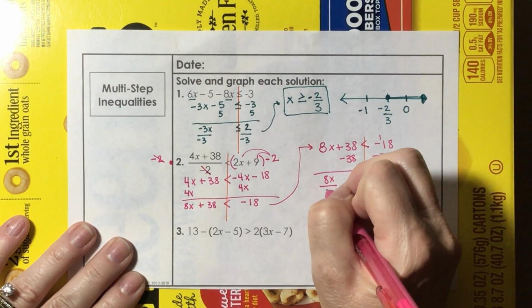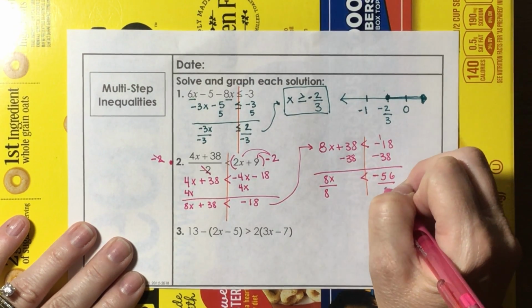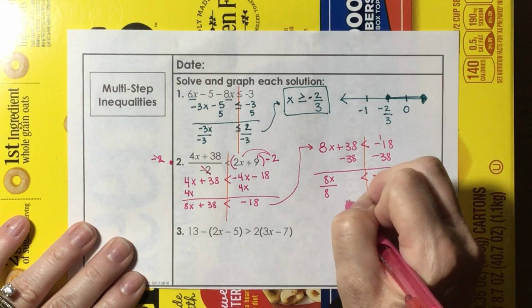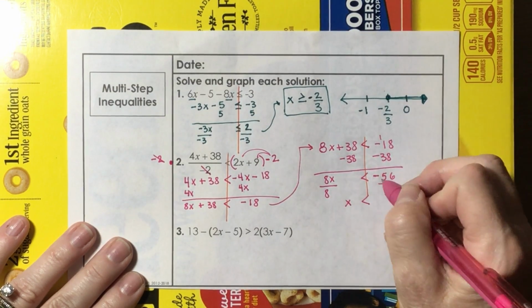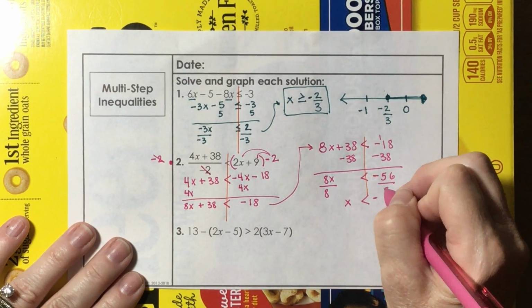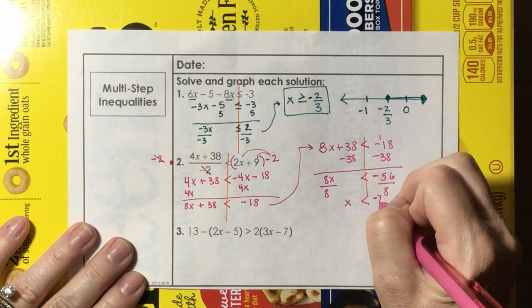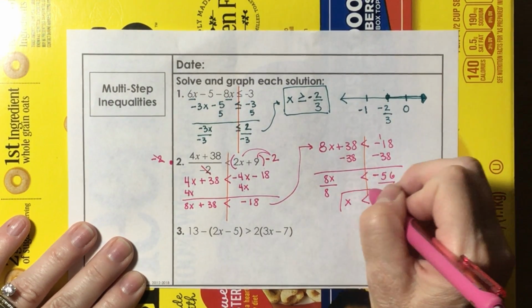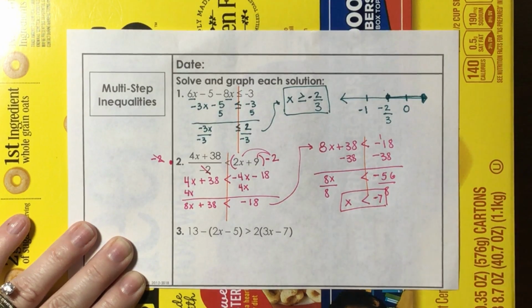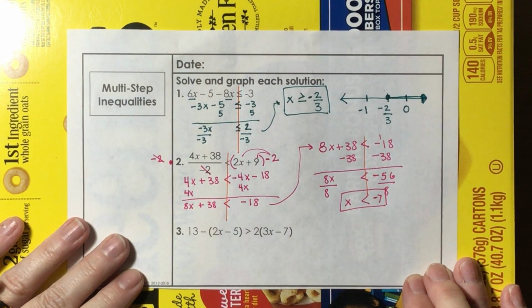Now I'm dividing by a positive 8, so the sign does not flip. 56 is 7 times 8. So x will be negative 7.